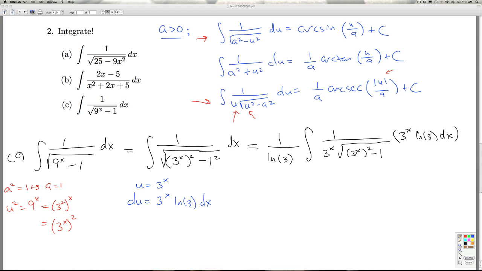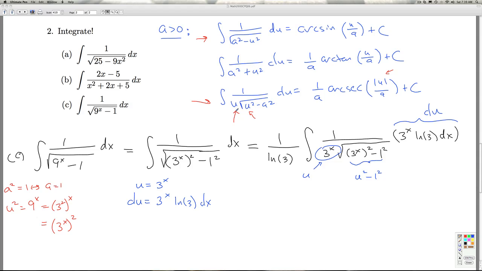So I'm multiplying by natural log of 3 and taking care of that by dividing by natural log of 3. I'm multiplying by 3 to the x, and I'm dividing by 3 to the x. So this is meant to be the du. That's the u. And inside the radical here, I've got my u squared minus 1 squared.